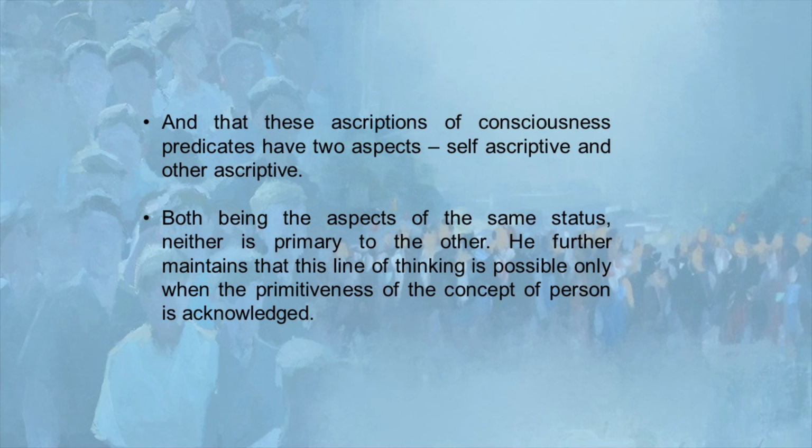And so far as these two are concerned, we'll find that both being aspects of the same status, neither is primary to the other. In this concern, Strawson further maintains that this line of thinking is possible only when the primitiveness of the concept of person is acknowledged. So this is in brief about the concept of person as given to us by Strawson.